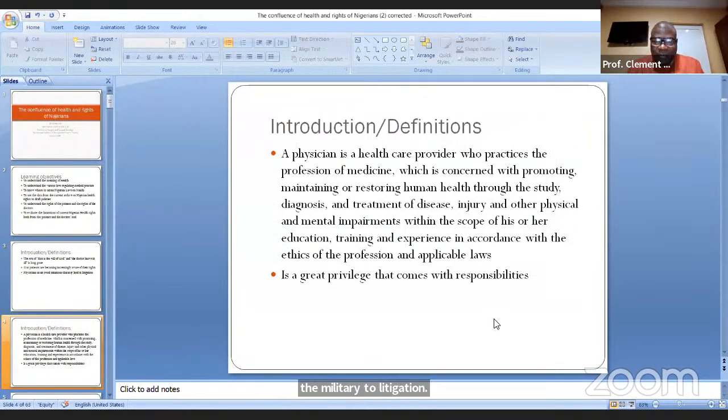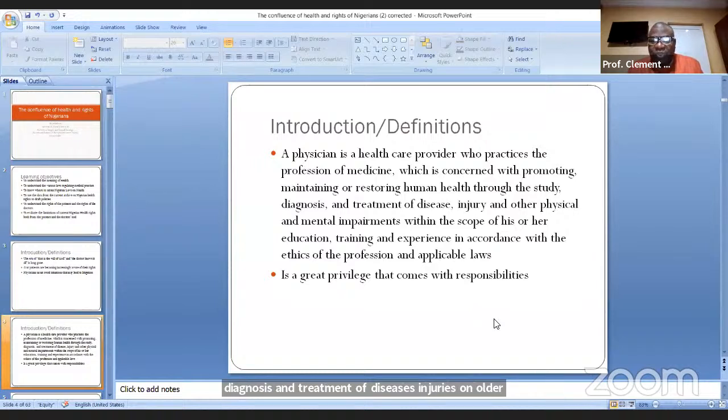Who is a physician? A physician is a healthcare provider that practices the profession of medicine, which is concerned with promoting, maintaining, or restoring health through the study, diagnosis, and treatment of diseases, injuries, and other physical and mental impairments.